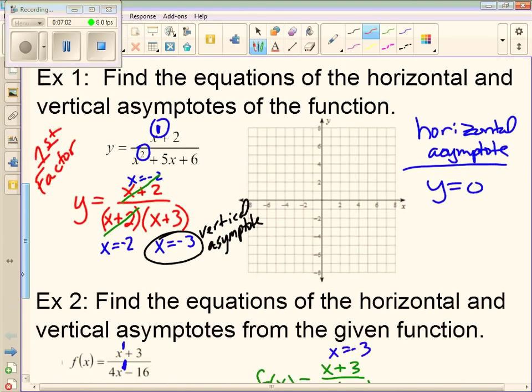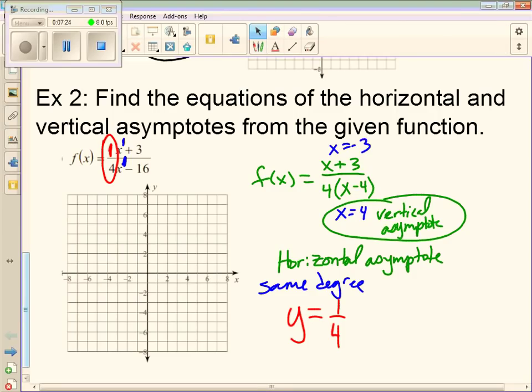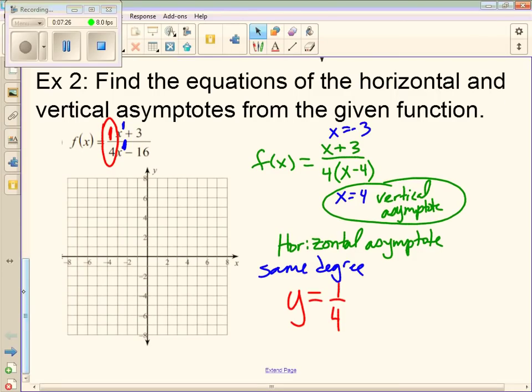So we're looking at this: the numerator's coefficient is 1, the denominator's coefficient is 4. So we have y equals 1/4 is where the horizontal asymptote is going to be. That is 9a. We'll move now on to 9b.